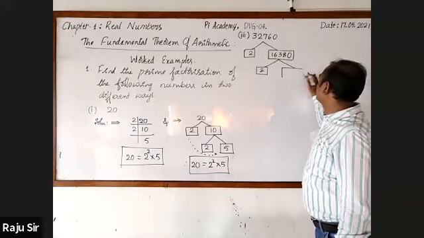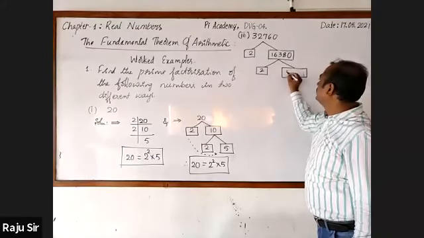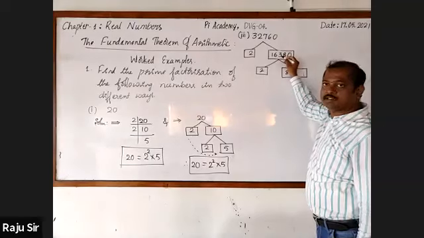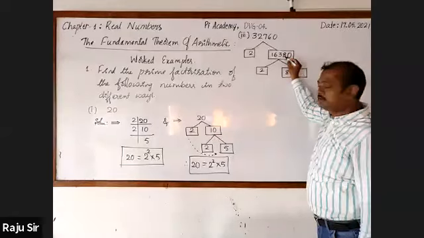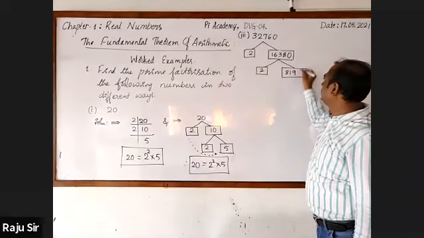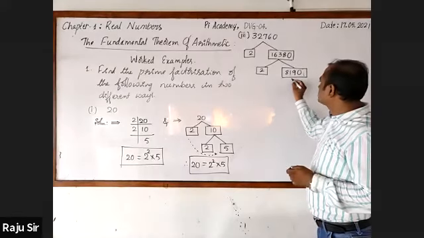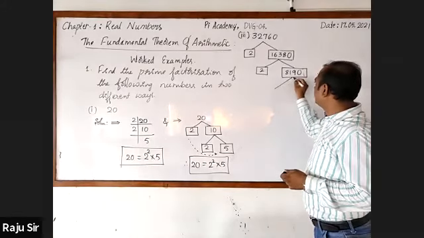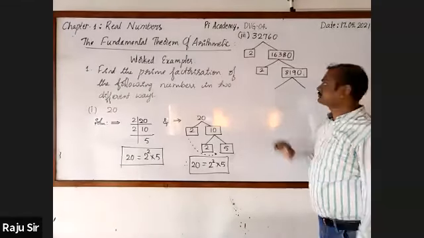Second one. Right. 2 8s are 16. 3 is there. 2 1s are 2. 1 will remain. 18. 2 9s are 18. Then 0. Got it? Again, this is an even number. Start dividing this by 2. Make a branch.